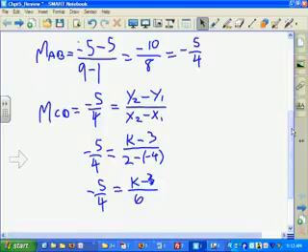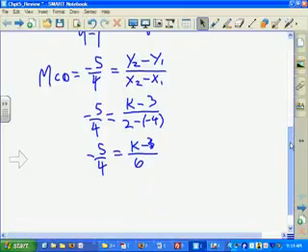We've determined our slope of CD because we know it's parallel to AB. Plugging that into our equation for a slope given 2 points right here, plug those points in there. Our missing value is K. From this point on, it's inverse operations to figure out what K is.